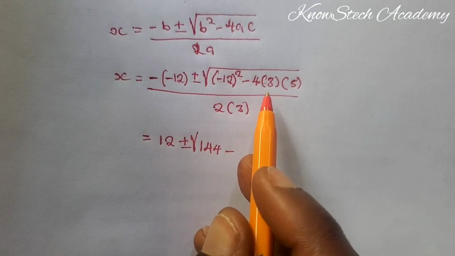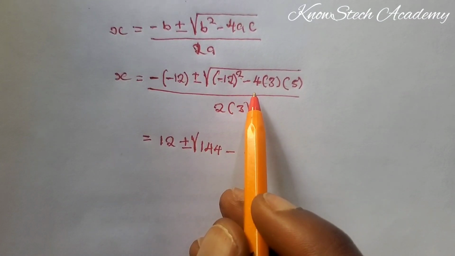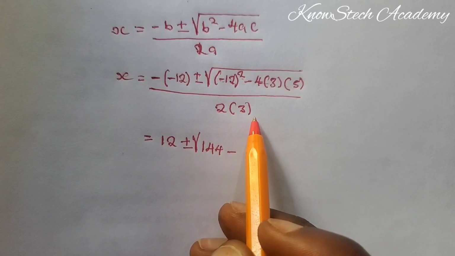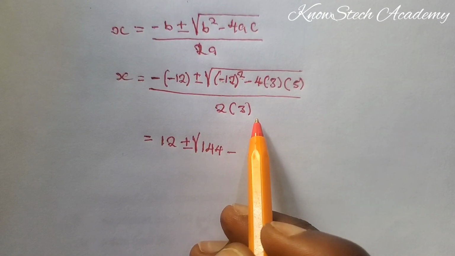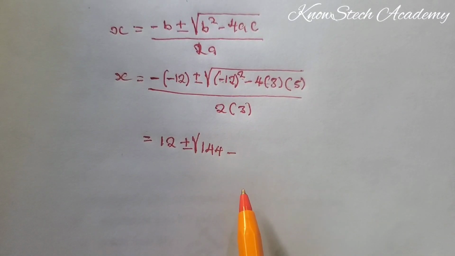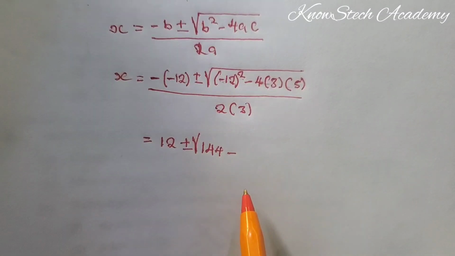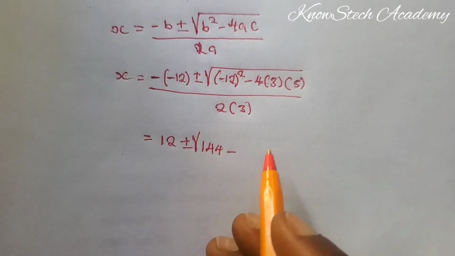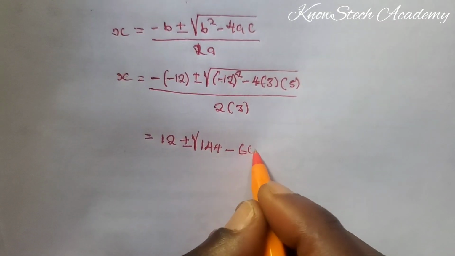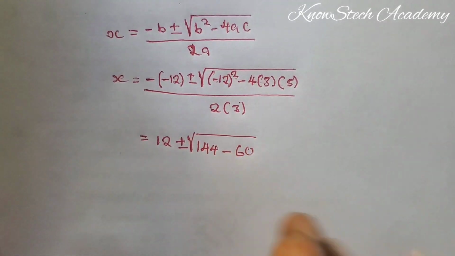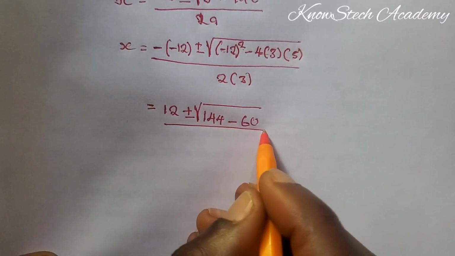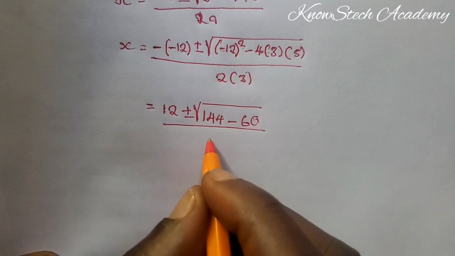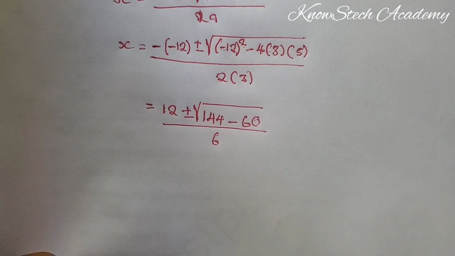Then you multiply 4 times 3, which is 12, and 12 times 5 gives 60. I hope you are following and understanding. Over 2 times 3, which is 6. Now it's becoming simple.